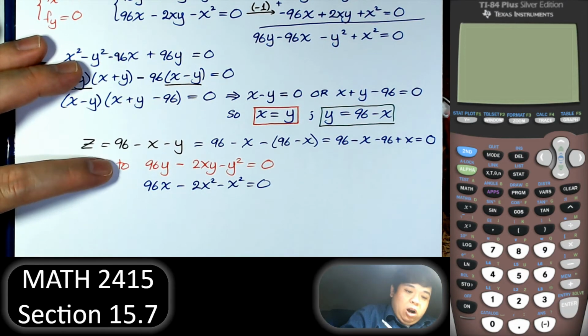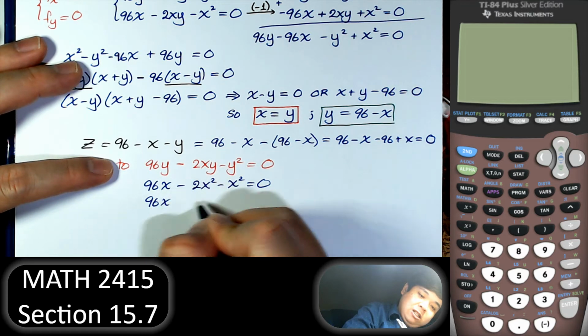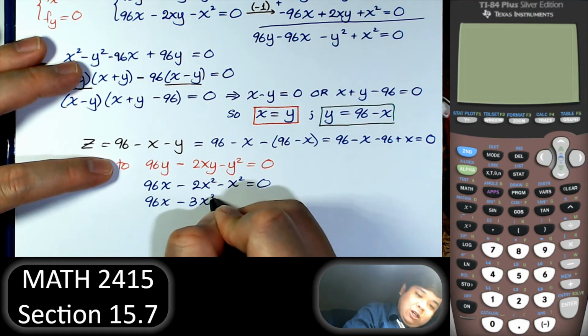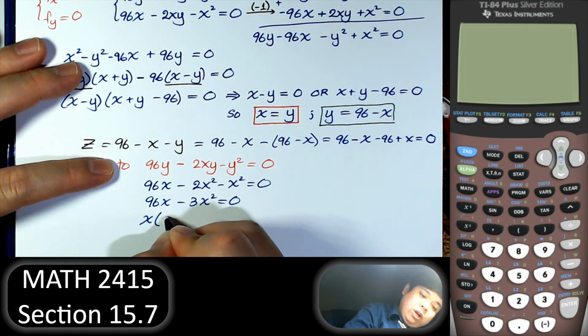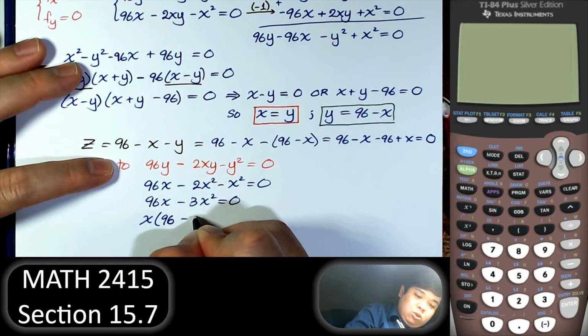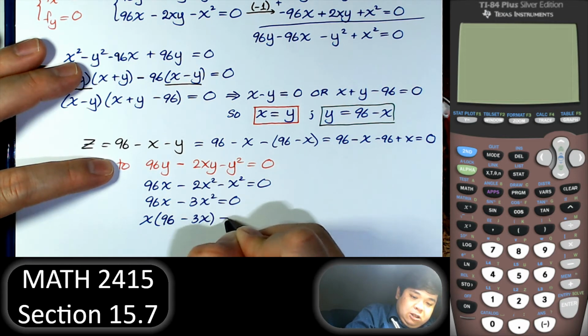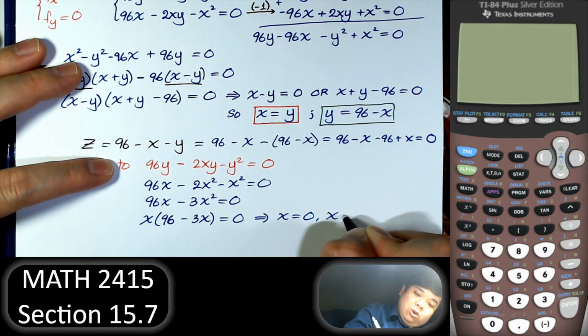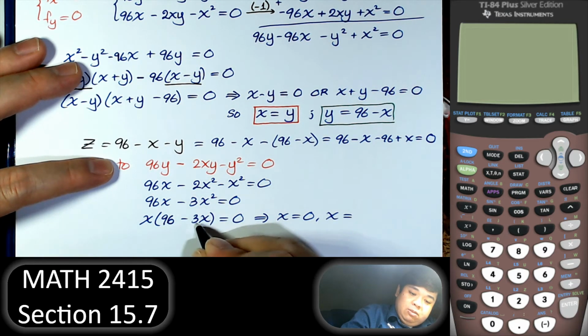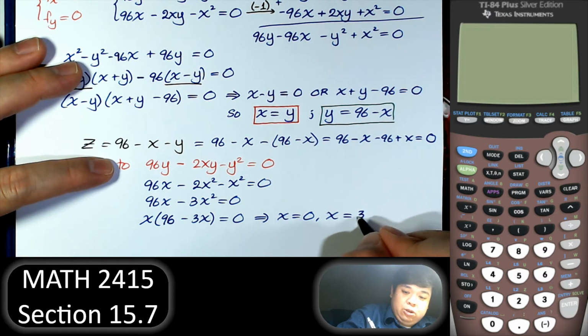Because x equal to y, we have 96x minus 3x squared equal to 0. Factor out x. We have x times 96 minus 3x. So we have x equal to 0, or 96 minus 3x is 0, so x equal to 32.